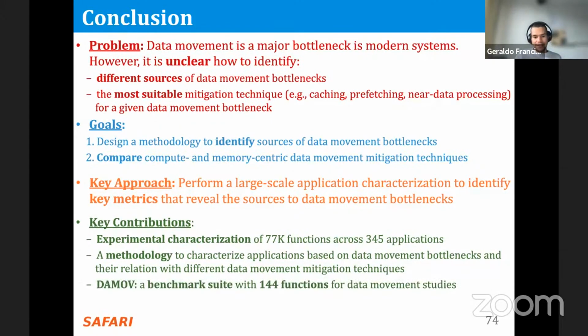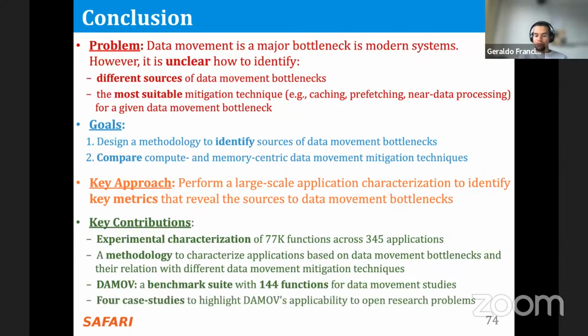We applied this methodology and collected the results in a new benchmark suite called DAMove, which is a benchmark suite with 144 functions designed for the study of data movement bottlenecks. We developed 4 case studies to highlight how our benchmark suite can be applicable to open research problems in data processing. Again, DAMove is open source and you can get it on our GitHub.